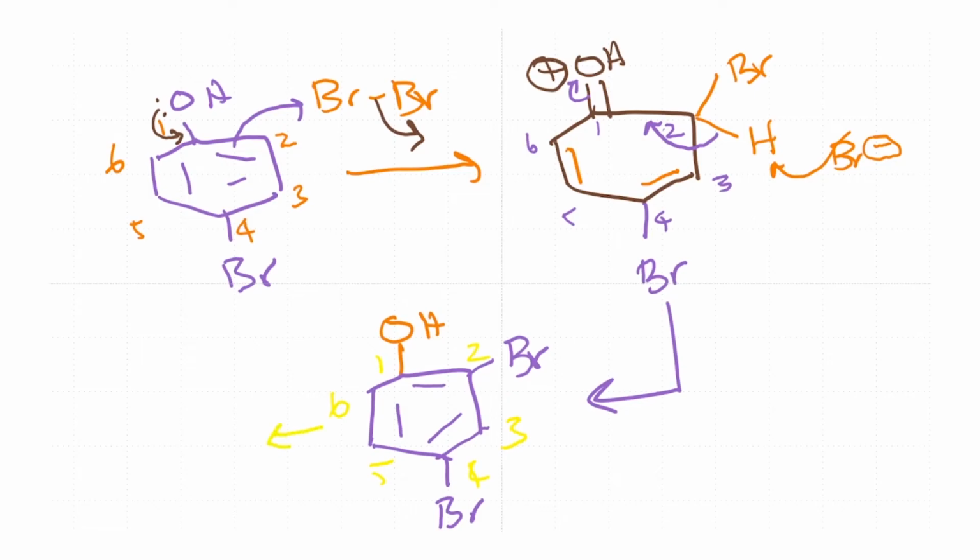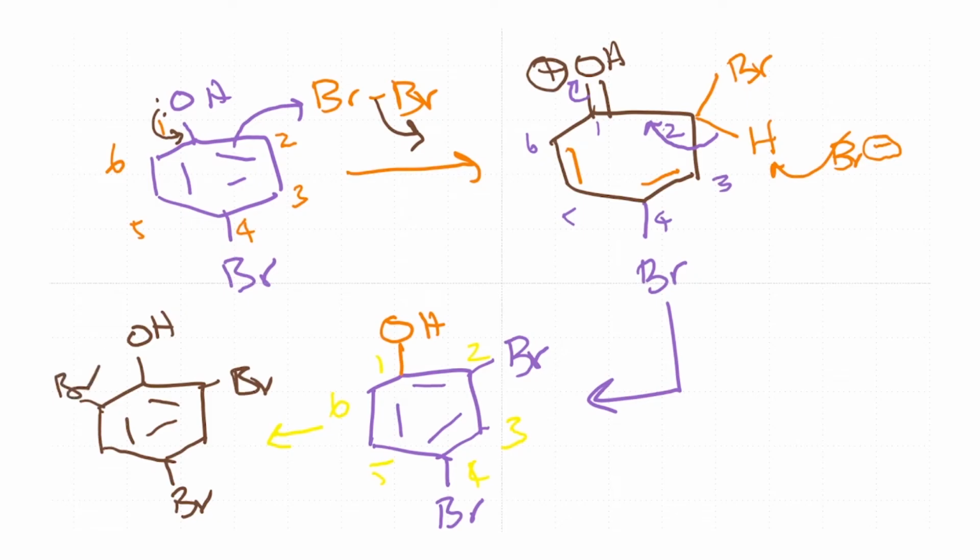Now I will let you work out the details of the addition of the third bromine, and so the final product that you get would be OH, Br, Br and Br.